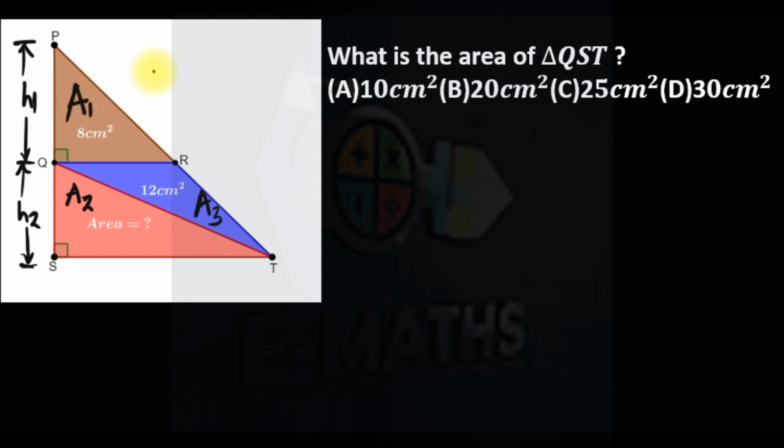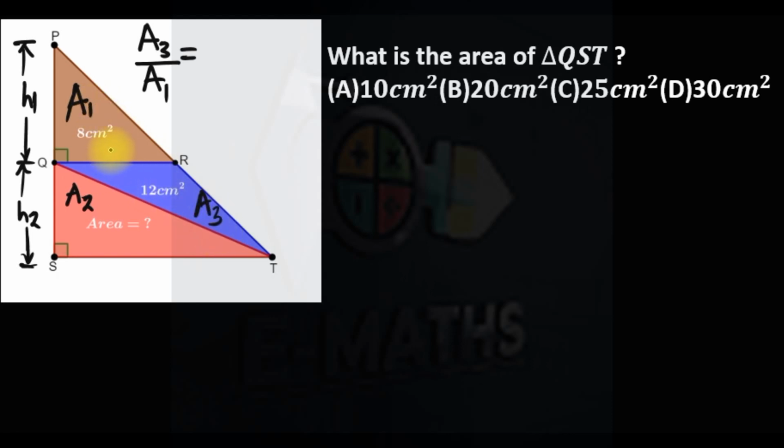Okay, let's find the ratio of area of A3 and A1. So if I do A3 over A1, you can see that they have a common base. That's why I want to relate A1 and A2.